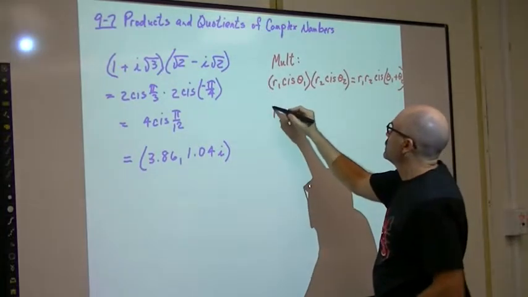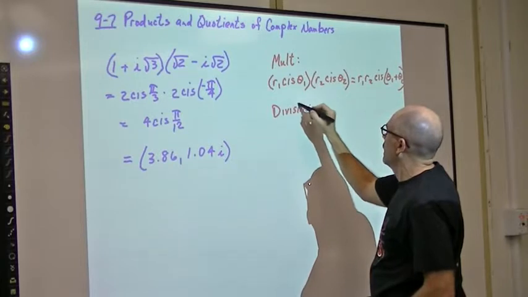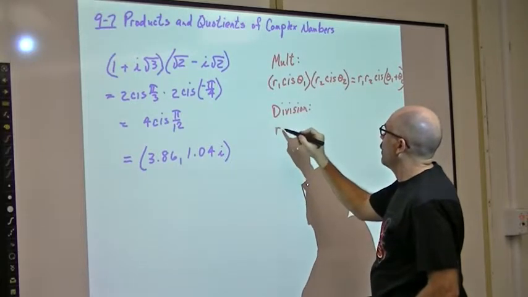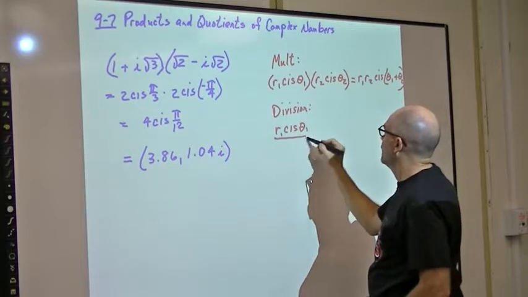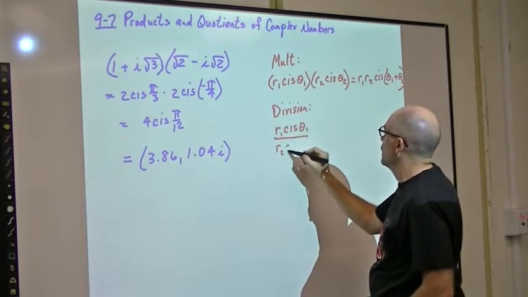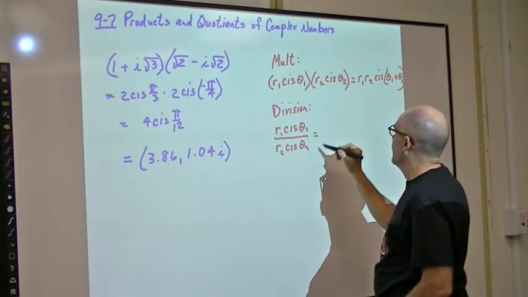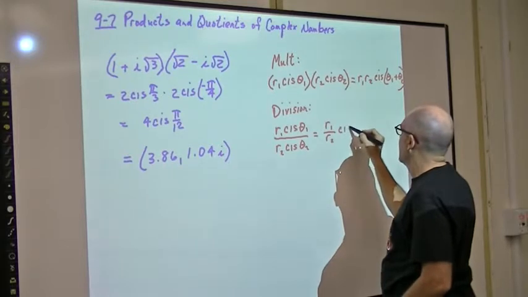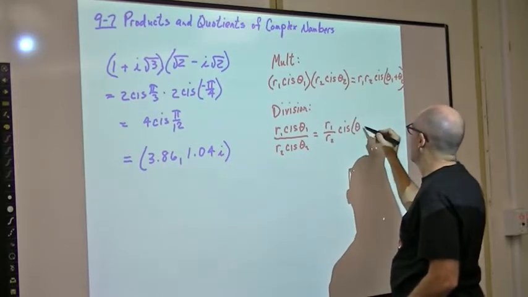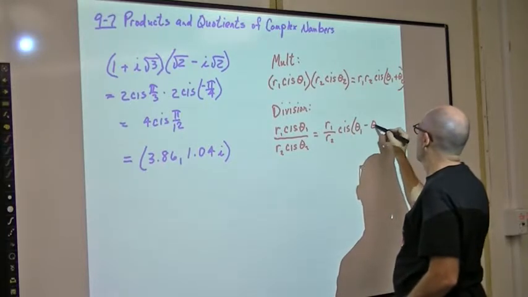And division says r1 cis theta sub 1 divided by r2 cis theta sub 2 equals r1 over r2 cis theta 1 minus theta 2.